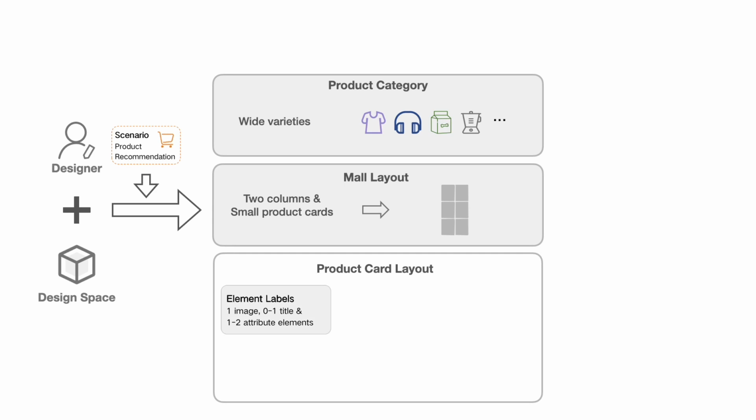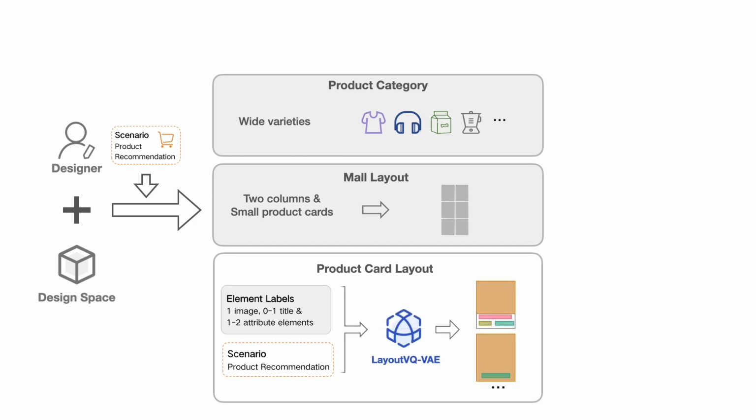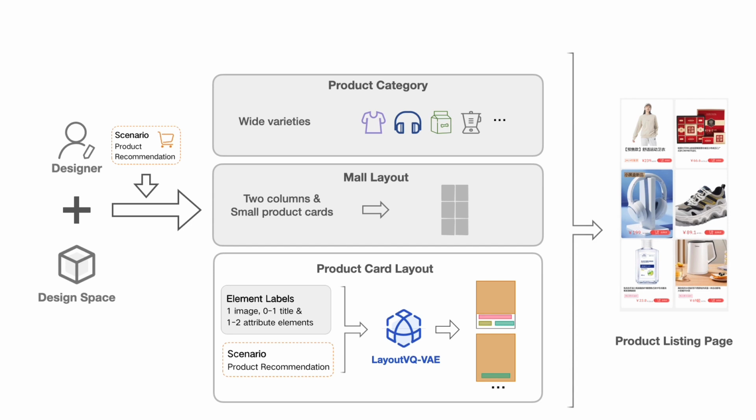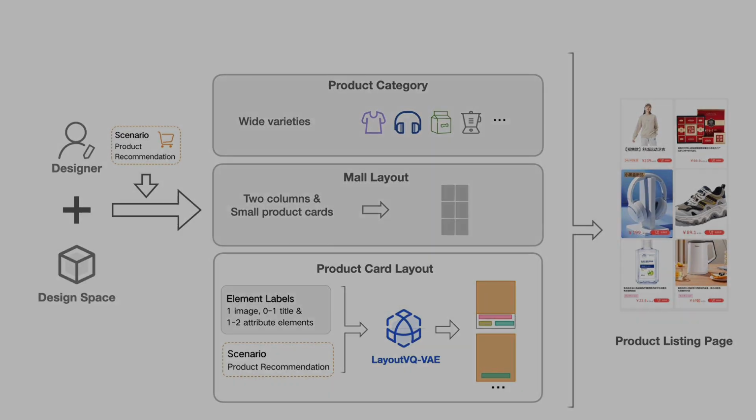Thirdly, each product card should consist of 1 main image, 0 or 1 title, and 1 or 2 attribute elements of the displayed product. After this, the designer can input the determined UI element labels and the given scenario into LayoutVQ-VAE and obtain several product card layouts that satisfy the constraints. Finally, the designer can place the generated product cards in the designed mall layout and complete the creation of the PLP for the product recommendation scenario.